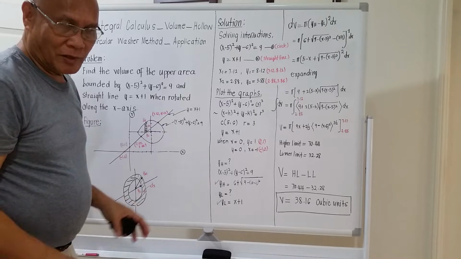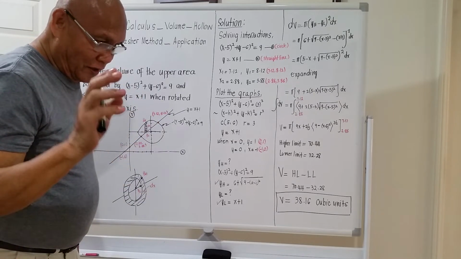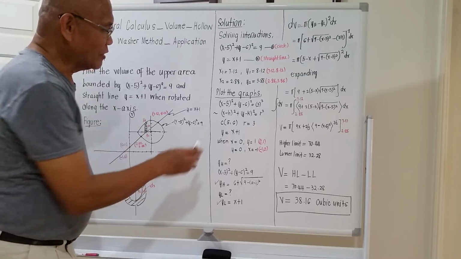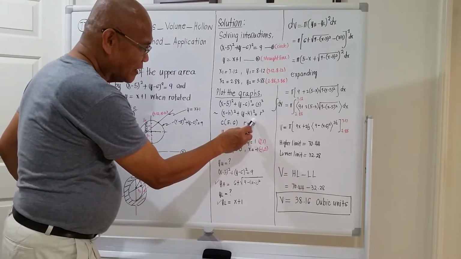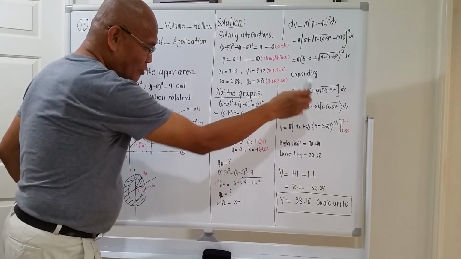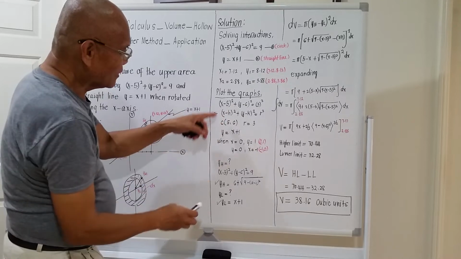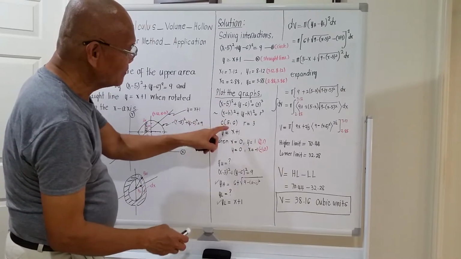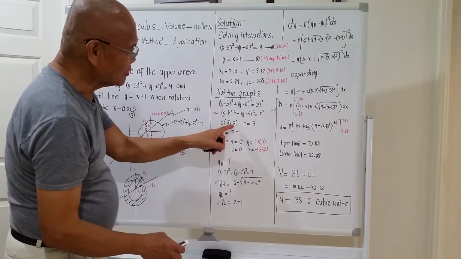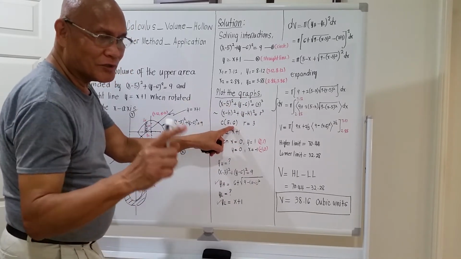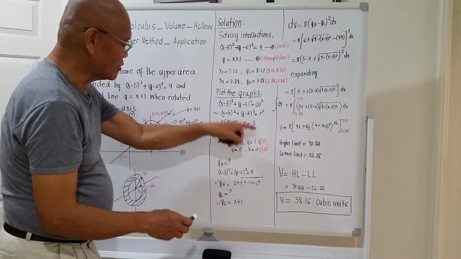From analytic geometry, that is a circle with center at (h, k), and the right-hand side is the radius squared. Comparing, h is 5 and k is 6. The center of the circle is at (5, 6), and the radius is 3.